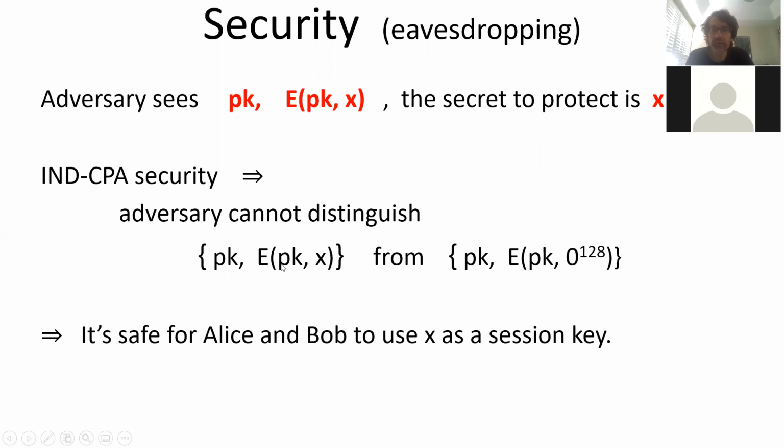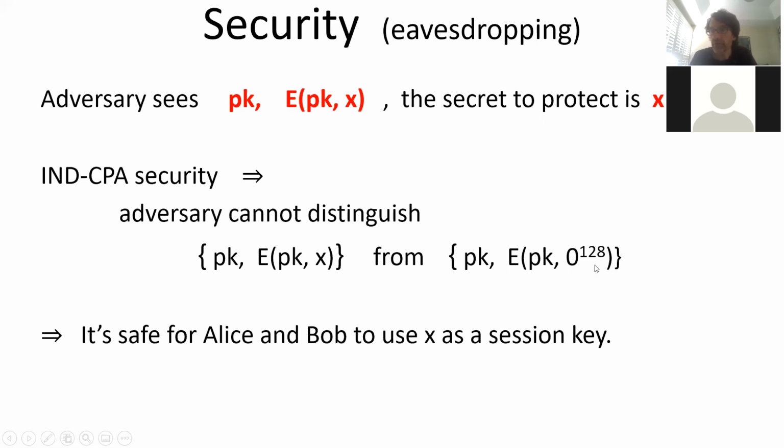So therefore, by encryption security, you can replace this in your head, in the security argument, with the hybrid view, a modified game, which is this. And here it is easy to see there is no information about X.